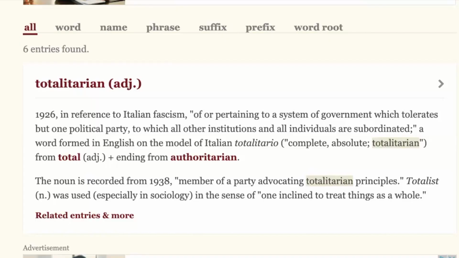In reference to Italian fascism, a word formed in English on the model of Italian totalitario, from total plus the ending of authoritarian. So this would be an example of a portmanteau word, where we take part of one word and part of another word and smush them together and make a new word.